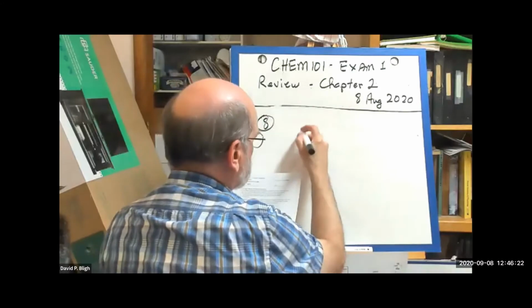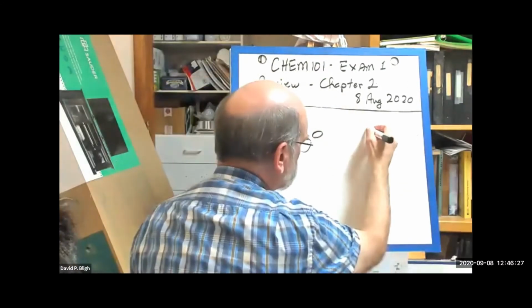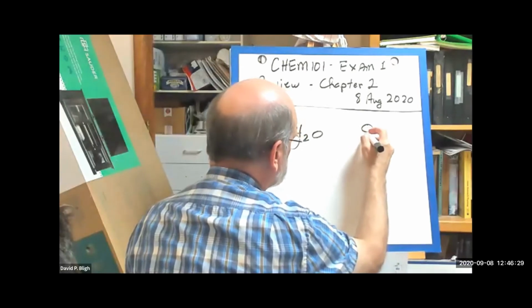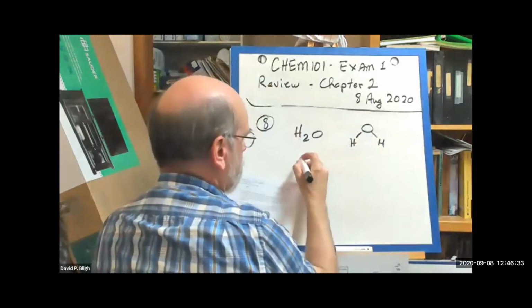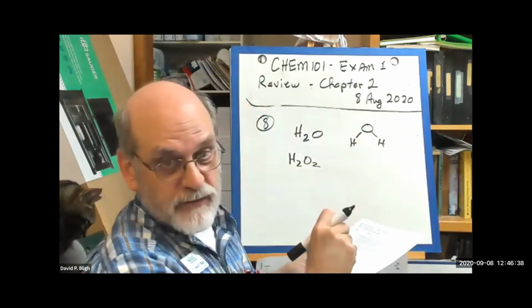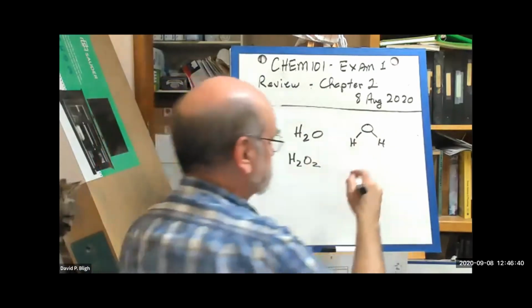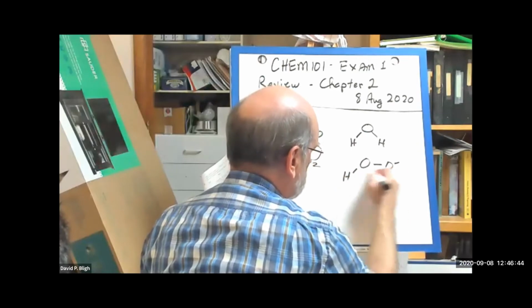So this is water. And they give you a little diagram here. So this would be oxygen and this would be hydrogen. And H2O2 is what? Hydrogen peroxide. This one goes like this, like that.